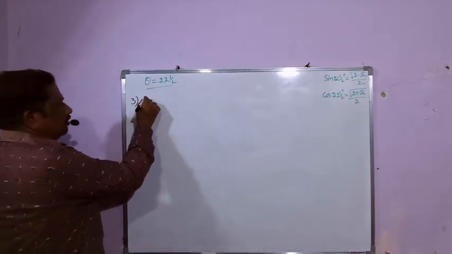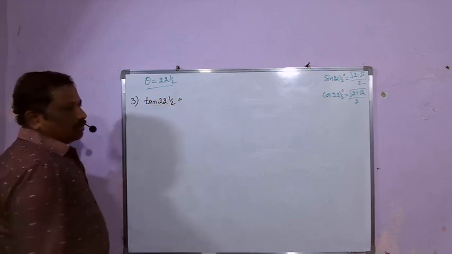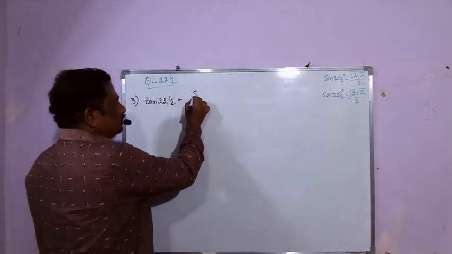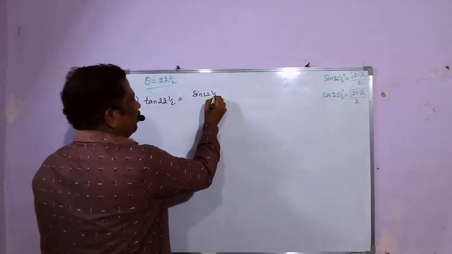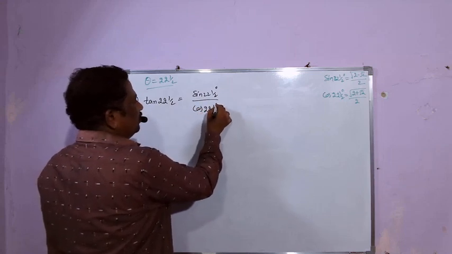Third one, tan 22.5 degrees. Tan can be written as sin 22.5 degrees by cos 22.5 degrees.